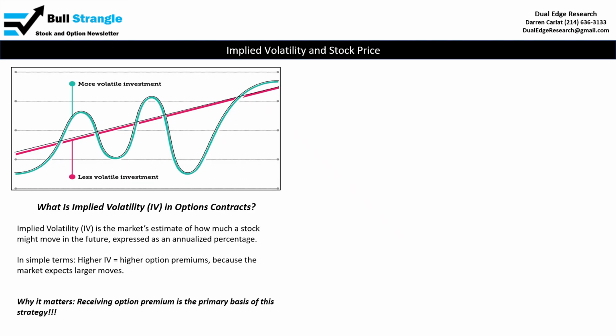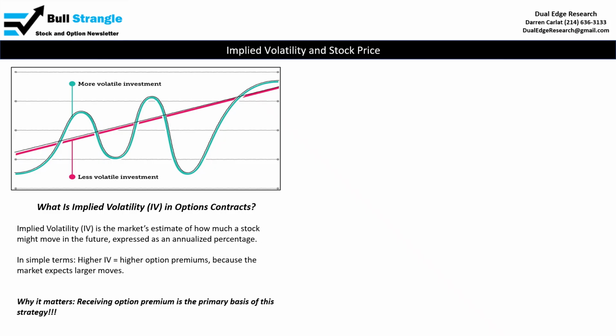Now let's talk about the final two thresholds, which are implied volatility and stock price. So what is implied volatility in options contracts? Implied volatility, many times expressed as IV, is the market's estimate of how much a stock might move in the future, which is expressed as an annualized percentage.